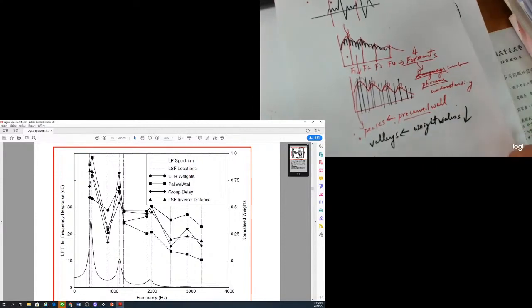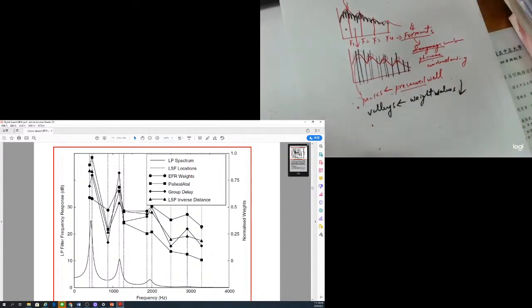So the main idea, because we are quantizing the line spectrum frequency of LPC, and LPC is related to your speech frame envelope shape. From the envelope shape, we know we have around four formants. So we try to make sure your formant peak points are kept.